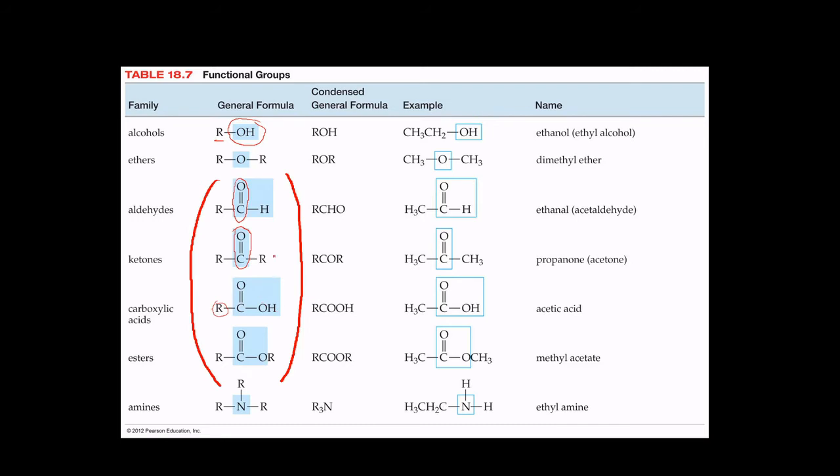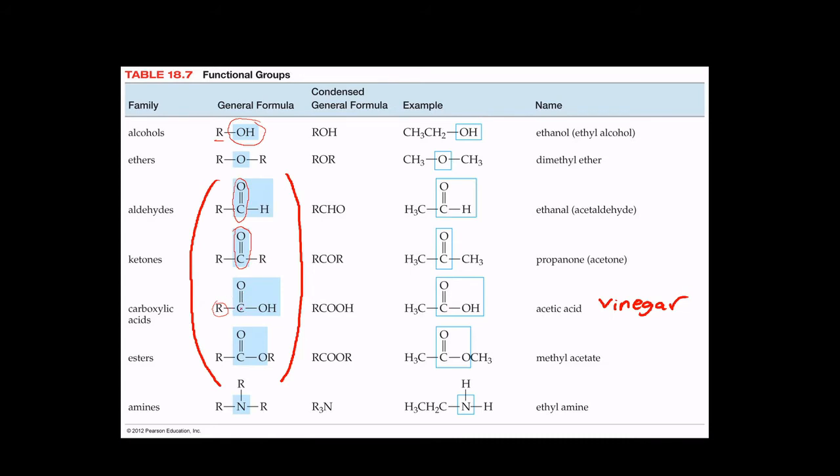So this is essentially a mixture of a ketone and an alcohol that gives you a carboxylic acid. And this is an acidic group. Molecules that have this group in them will be acidic. They will have acidic behaviors, like acetic acid, by the way, which is vinegar. Vinegar is actually a carboxylic acid.